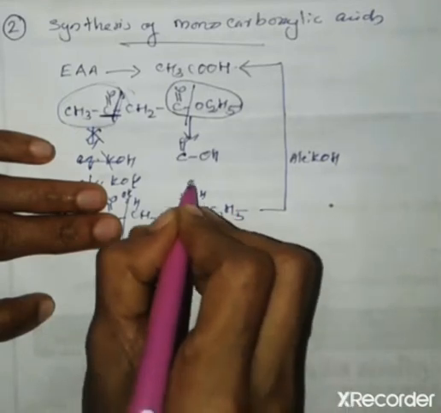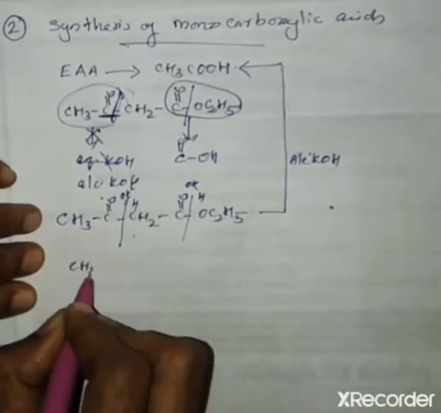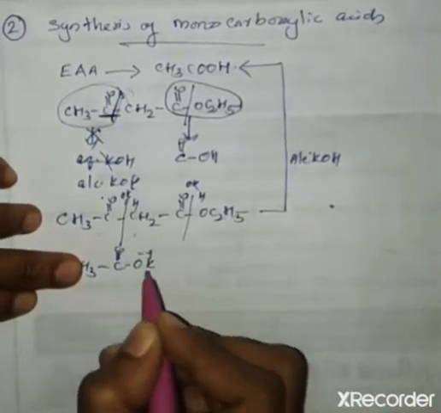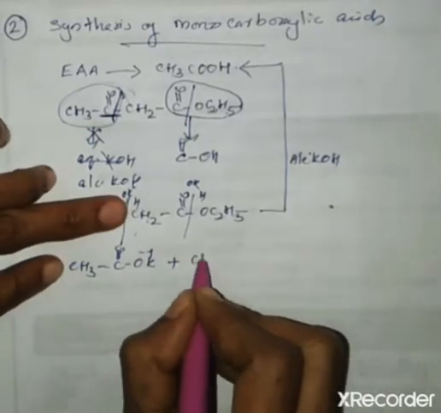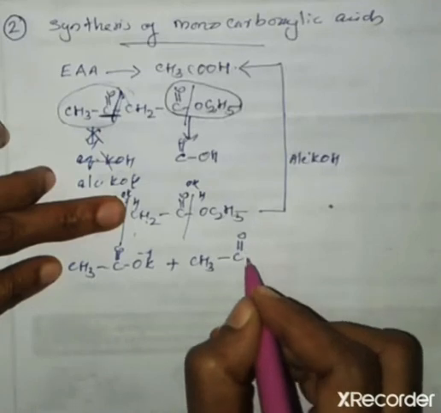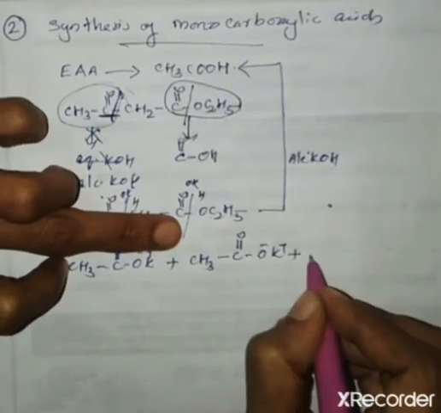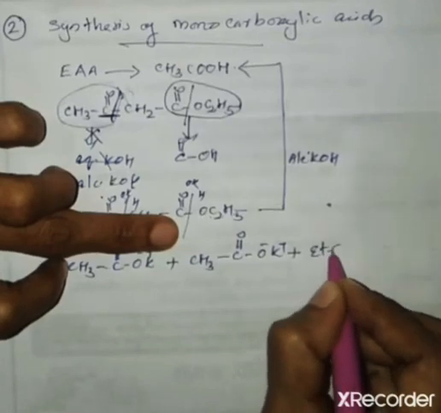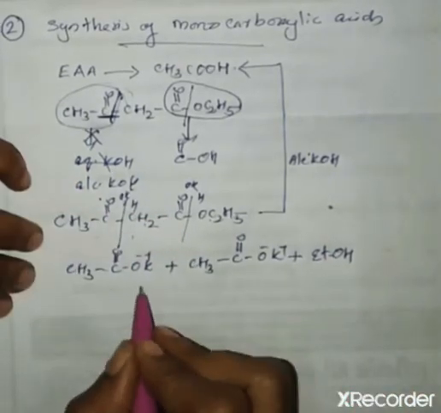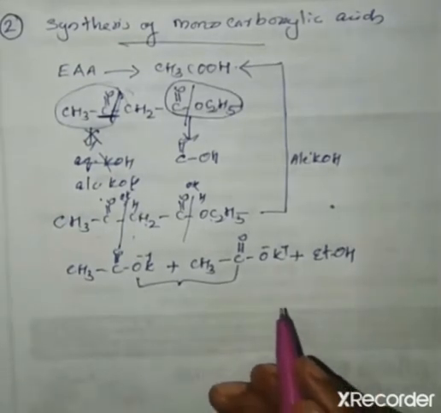And OK is going to the C double bond O part, and we get CH3 C double bond O minus K plus, CH3 C double bond O minus K plus, and C2H5OH, ethanol. This is the potassium salt of 2 molecules of acetic acid.